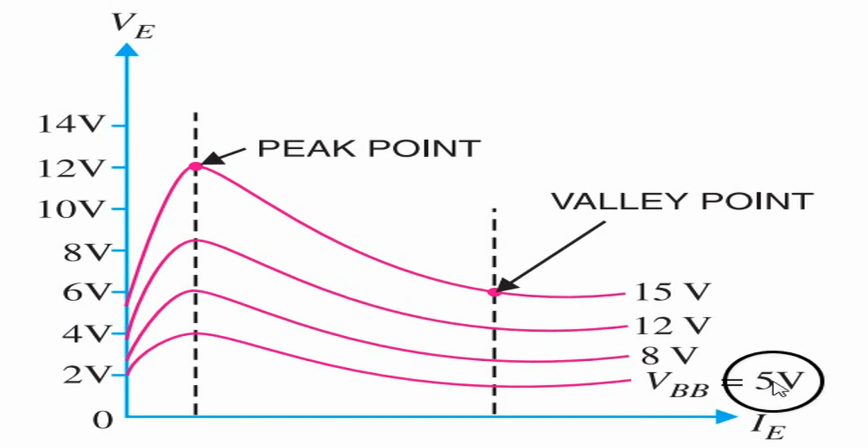And again, for a different VBB of 15 volt, this is the graph. So the current also depends upon VBB. With higher VBB, the graph becomes somewhat higher. Okay.